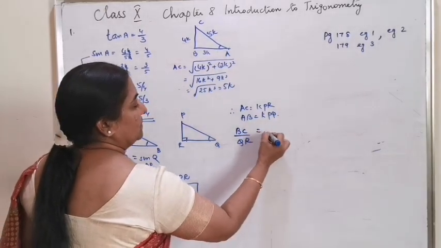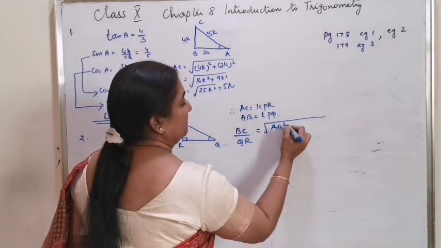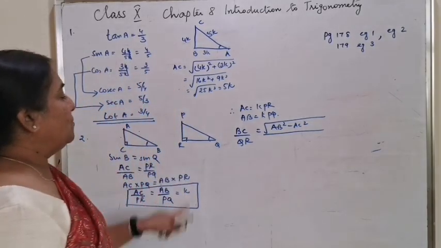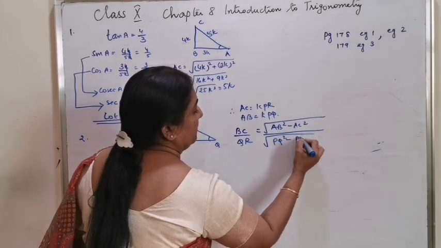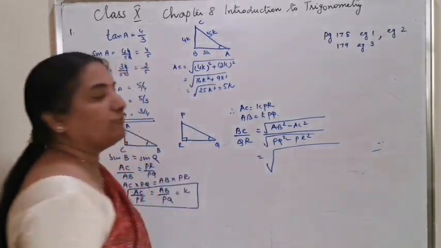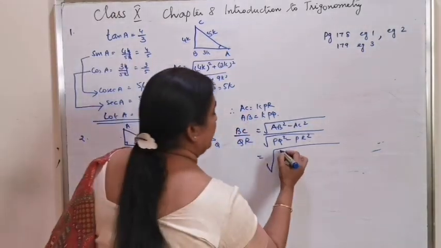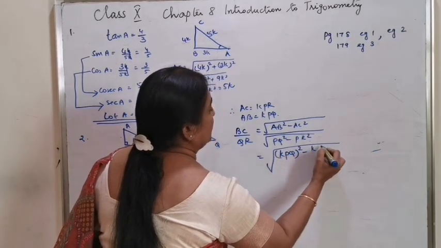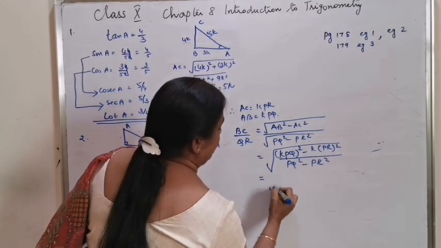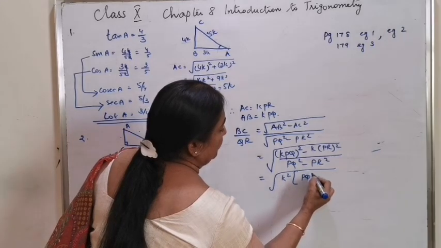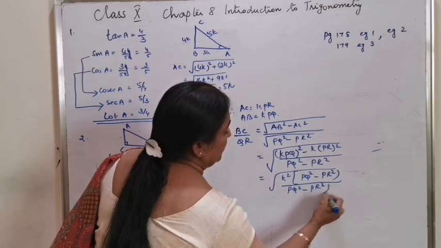BC by QR is equal to square root of AB square minus AC square divided by square root of PQ square minus PR square, which is the same as square root of (K PQ) the whole square minus (K PR) the whole square by square root of PQ square minus PR square, which is square root of K square into (PQ square minus PR square) by square root of PQ square minus PR square.